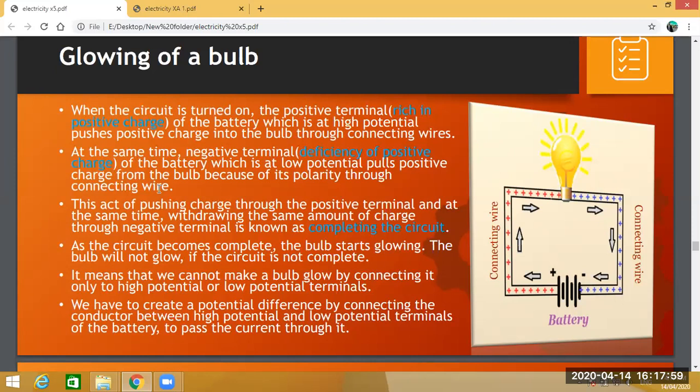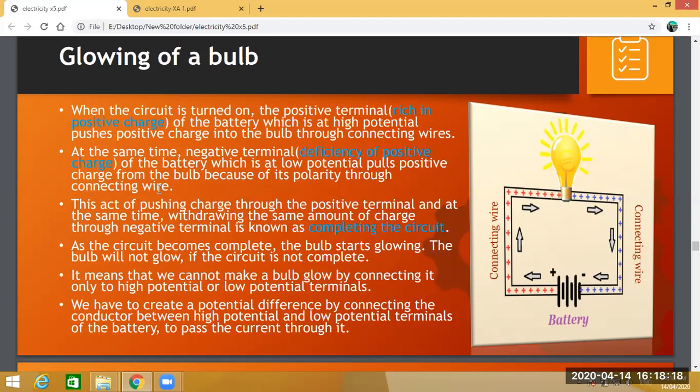If one breaks the path between the two terminals of the cell or battery, then pushing and pulling cannot be completed, so we cannot have a continuous flow of electric charge.